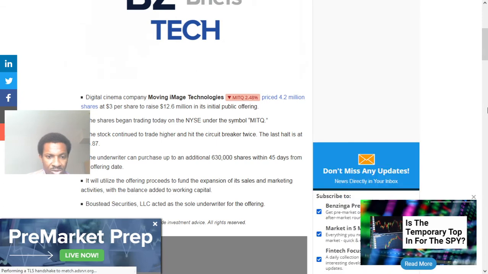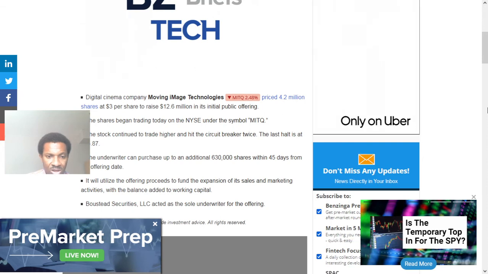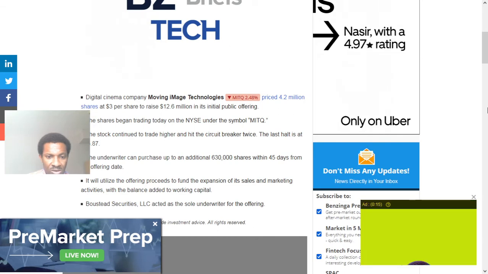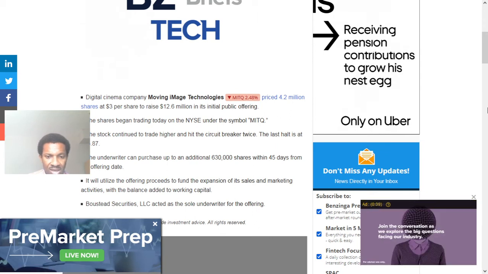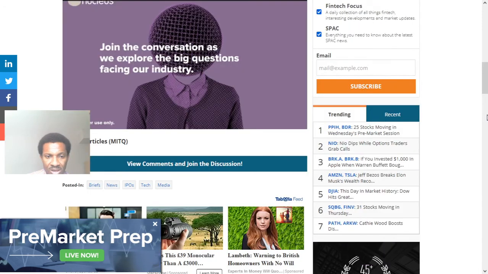The underwriter can purchase up to an additional 630,000 shares within 45 days from the offering price. It will utilize the offering proceeds to fund expansion of its sales and marketing activities, with the balance added to the working capital. Bofstead Securities LLC acted as the sole underwriter for the offering.